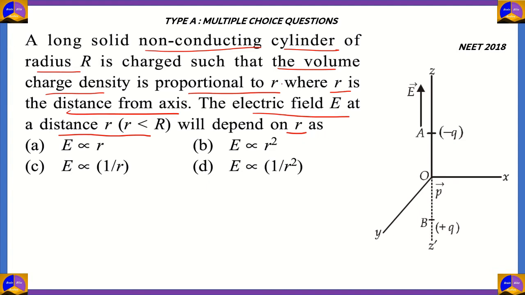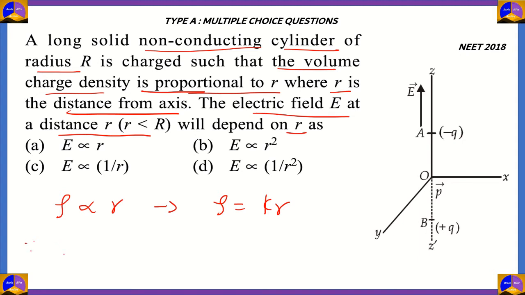So, according to the question, the volume charge density is proportional to r. So the volume charge density is rho. Rho is proportional to r, so that means you can write rho as equal to k times r. Whatever k is, it does not matter.